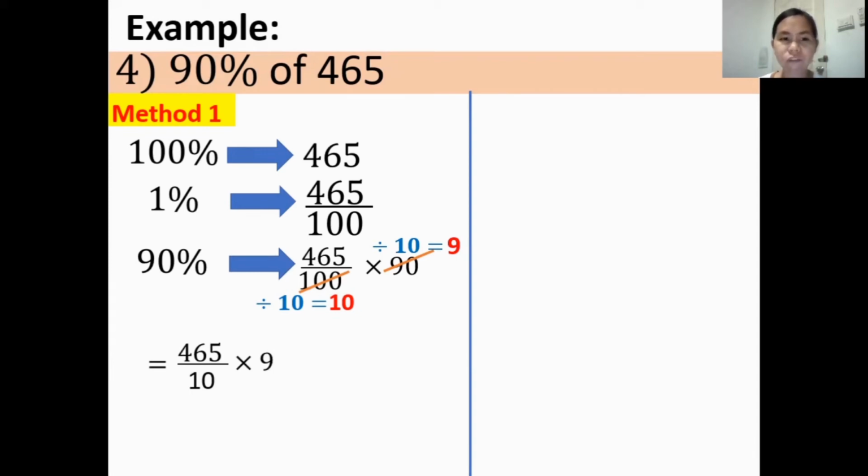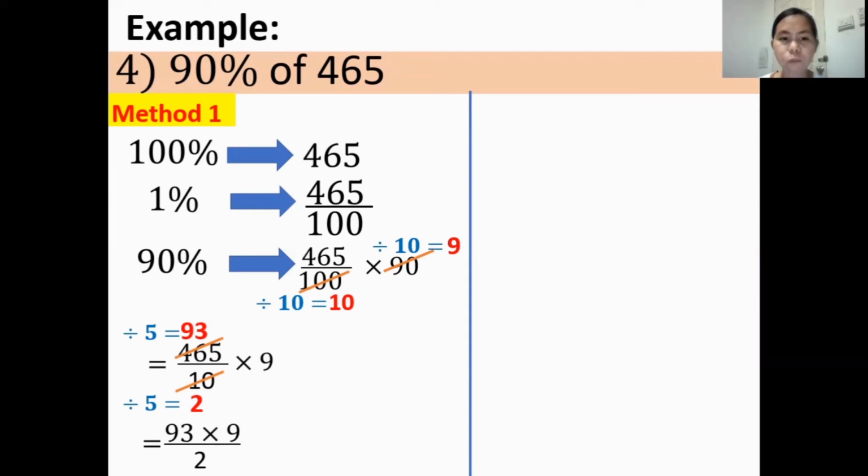We can observe that 465 and 10 are divisible by what number? Yes, number 5. So 10 divided by 5 equals 2, and 465 divided by 5 equals 93. The remaining numbers are 93 times 9 over 2.